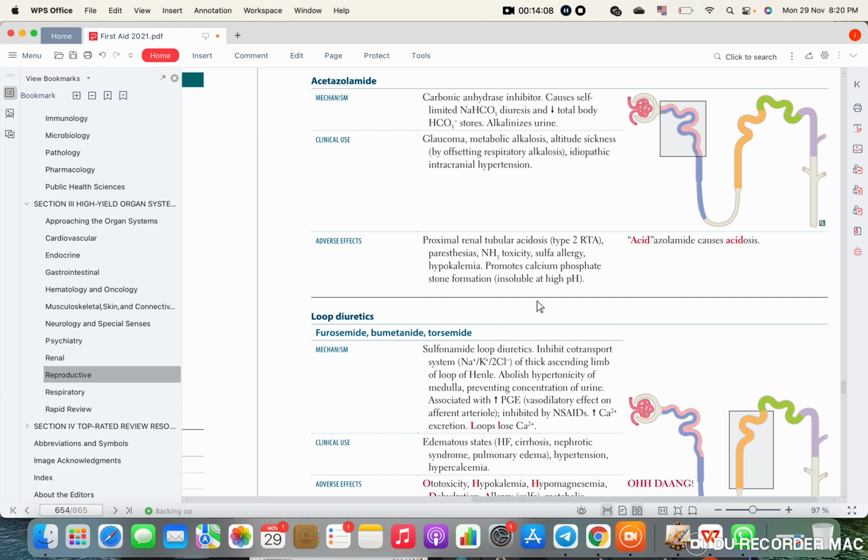Okay, magnesium ammonium phosphate stones. That is correct. So it can lead to magnesium ammonium phosphate stones. Can you tell me, please, what else? These stones, are they big, small? How do they look?